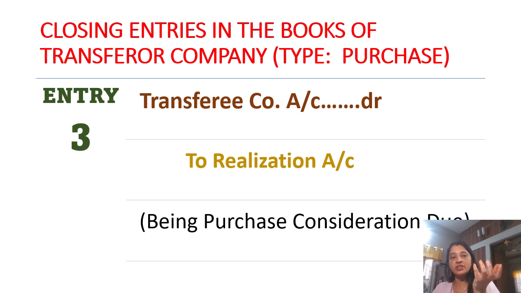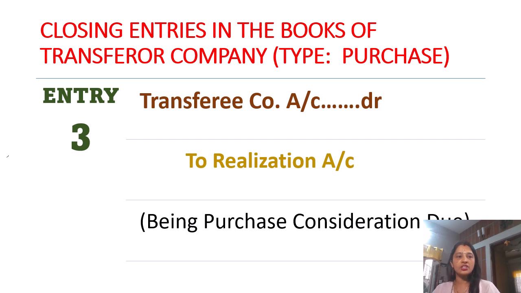When the transferor company is receiving the purchase consideration paid by the transferee company, it is an income, so it will come on the credit side of your realization account. Who is paying you? The transferee company is paying you. So the entry will be transferee company account debit to realization account. This is for purchase consideration due.